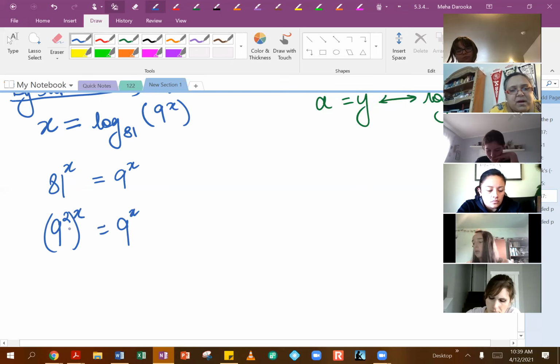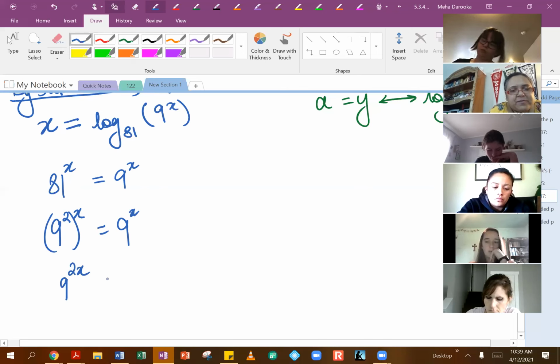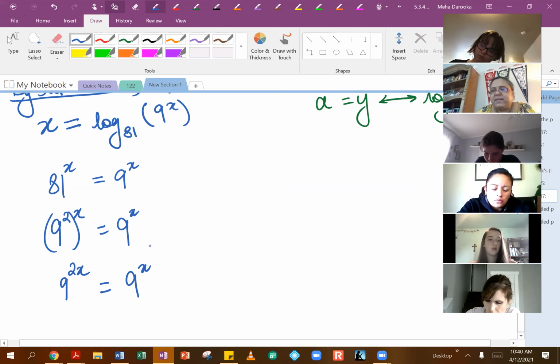Remember, you can multiply your exponents when you have that single base. So 9 to the power of 2x equals 9 to the power of x. Now what can we do here, guys?